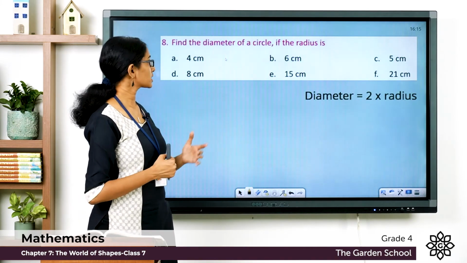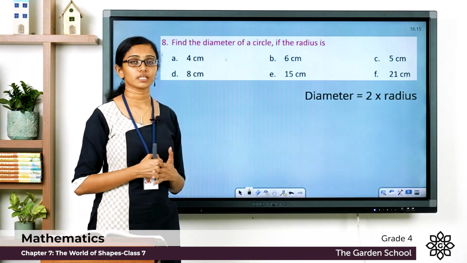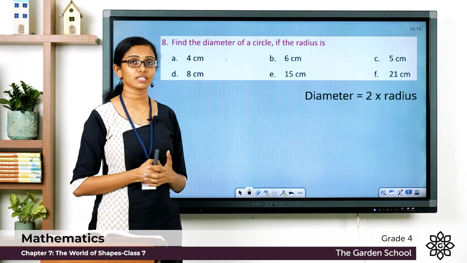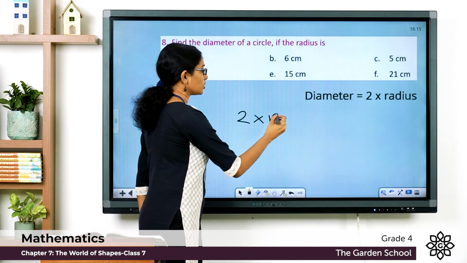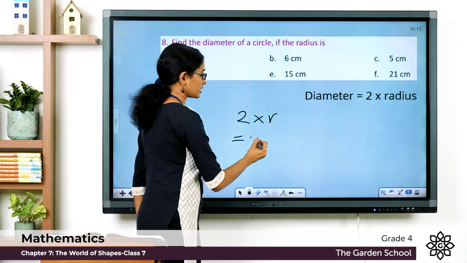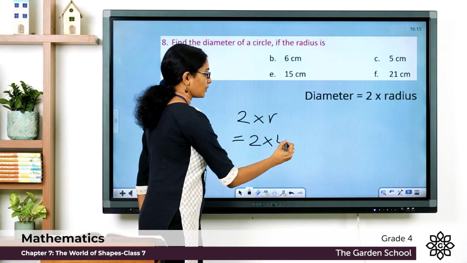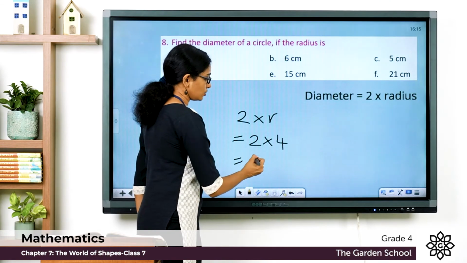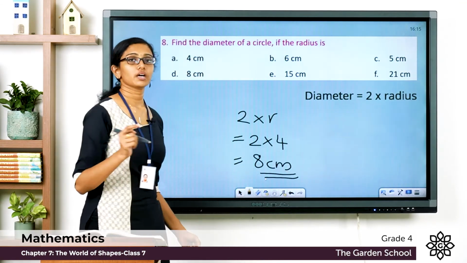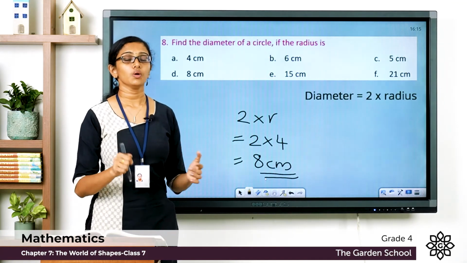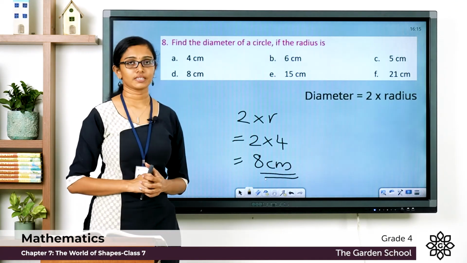What if a circle has a radius of 4 centimeter? What would be its diameter? The diameter would be 2 times the radius, or 2r. Here it is 2 times 4, which is equal to 8 centimeter. So a circle with radius 4 centimeter will have a diameter of 8 centimeter.